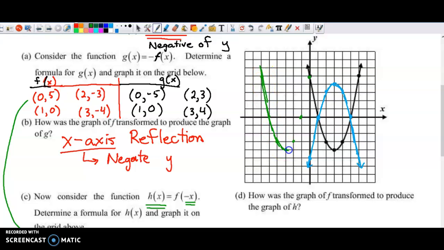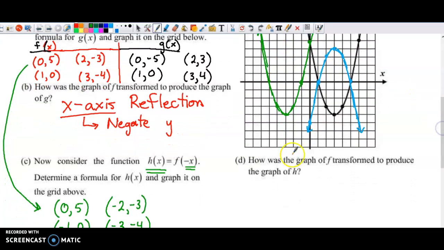And the whole point of doing that is so that you can see that this is what we would call a y-axis reflection. And let's think about it. If the x-axis reflection is when we negated y, then the y-axis reflection is because we negate x.